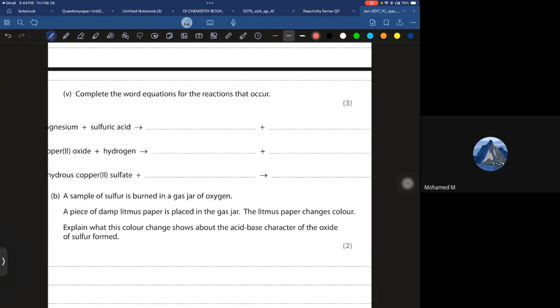And what about the second one? Copper oxide plus hydrogen would be copper hydroxide?